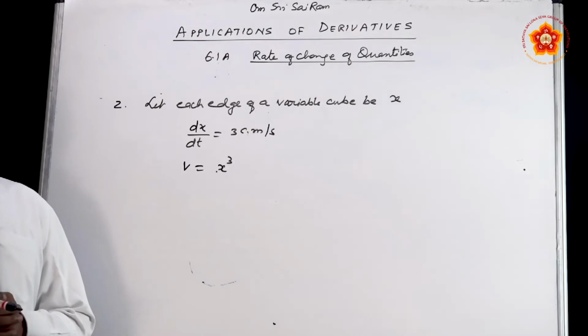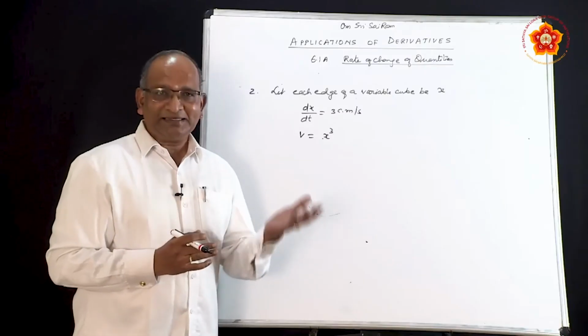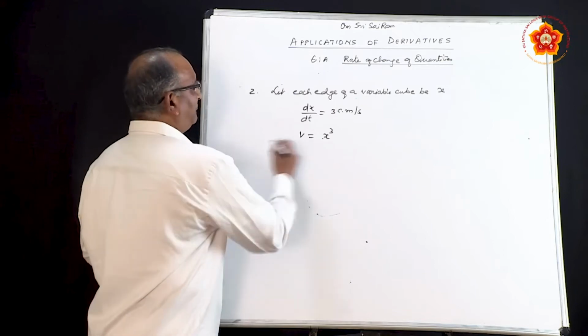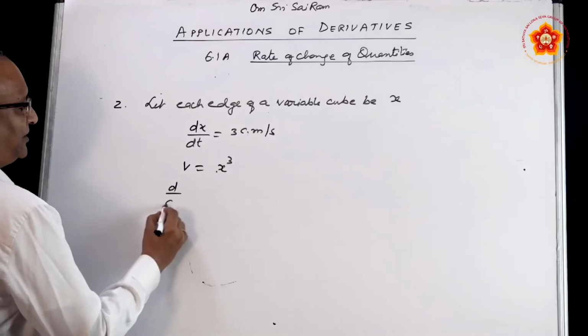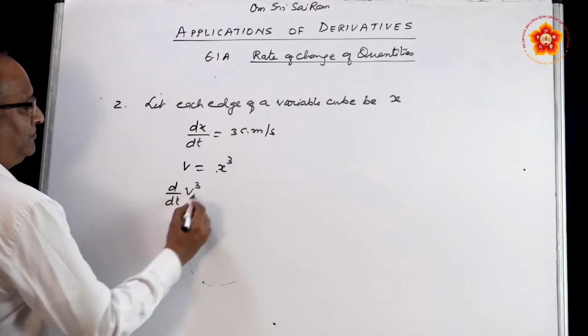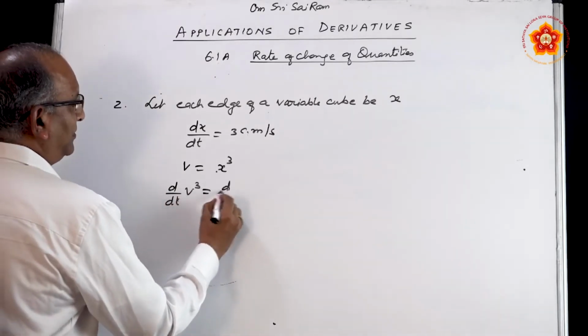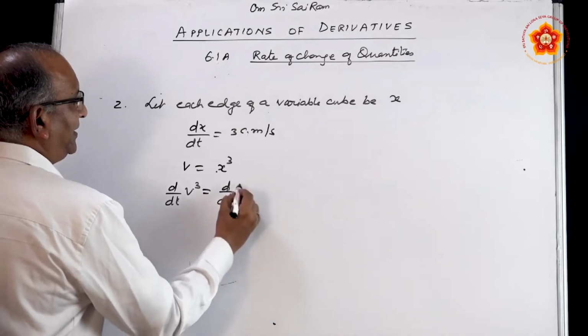So, it is x cube, x into x into x is x cube is the volume. He is asking us to find out what is change in the volume with respect to time. So, differentiate both sides with respect to t, dV by dt equal to d by dt of x cube.